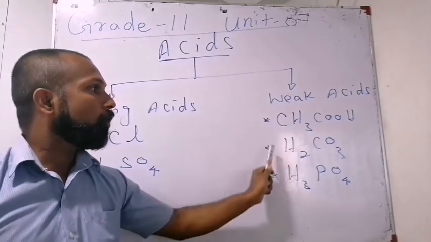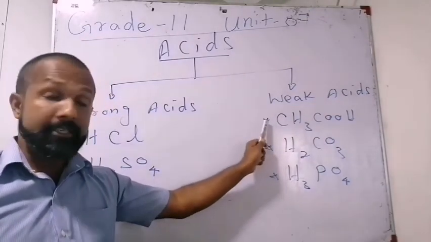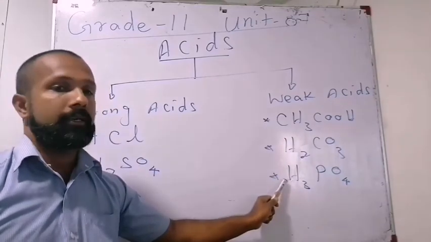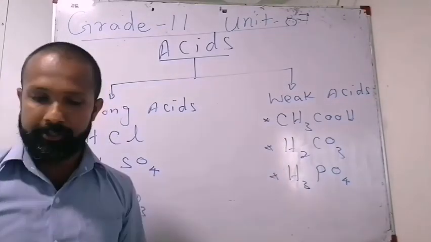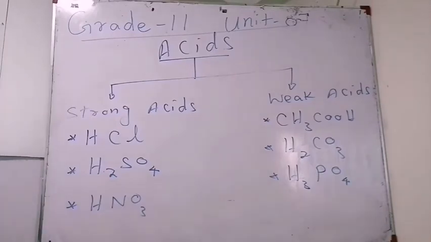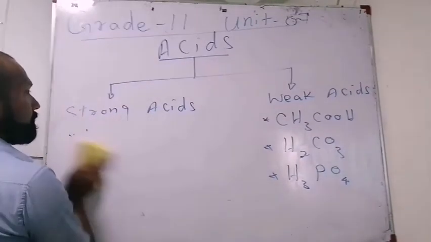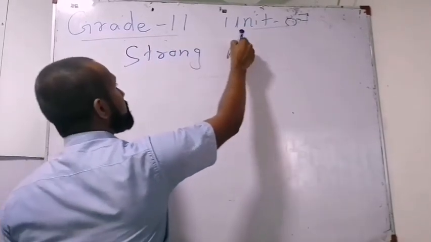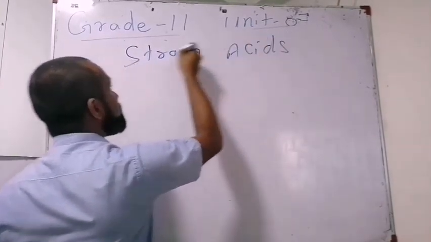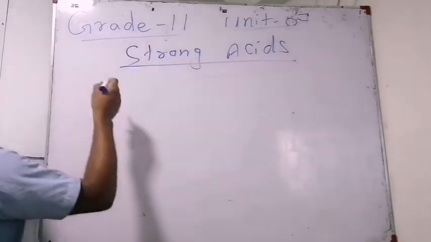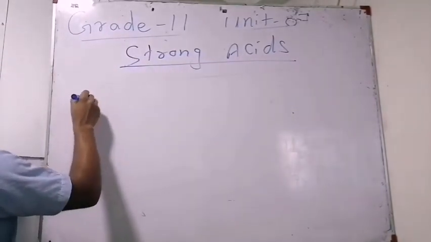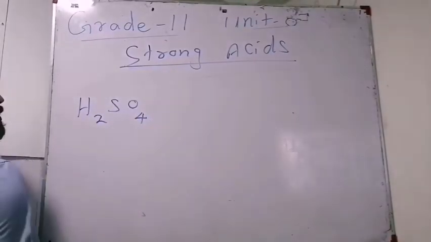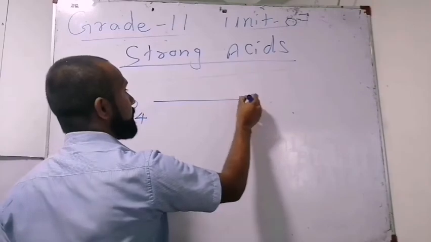Weak acids are the acids that produce H plus ions in incomplete ionization. Let's learn how ionization takes place. Strong acids. H2SO4, sulfuric acid, how ionization takes place.